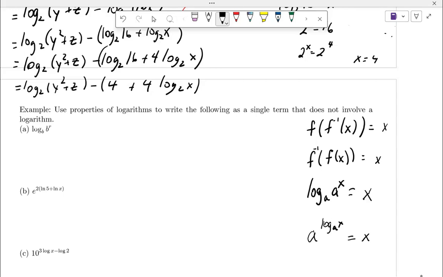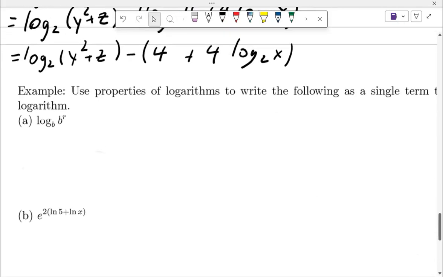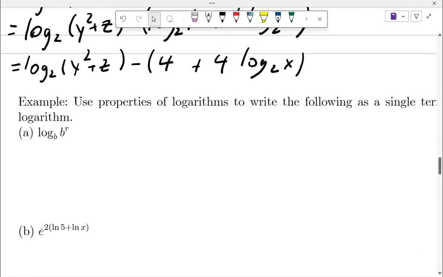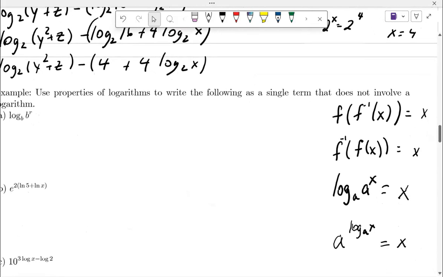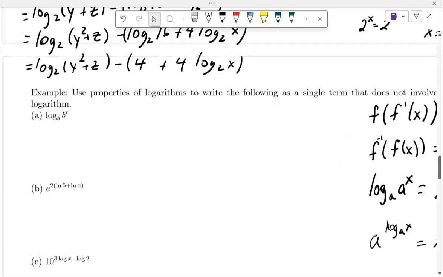So let's look at this first example over to the left here, part A. What should I end up with when I'm done? There's not an x in this case. What's the letter? It's the r, right? The r is where the x is, isn't it? Now remember again, what are logarithms? Exponents. Good.